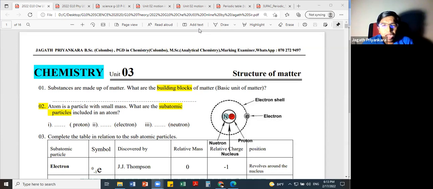Chemistry is the field of the study of matter and the structure of matter. Anything around us that is tangible, with a mass and occupying space, is matter, and it is made of a basic unit called atoms. Today we are going to discuss atomic structure, how atoms look, where they are found, and what they consist of.